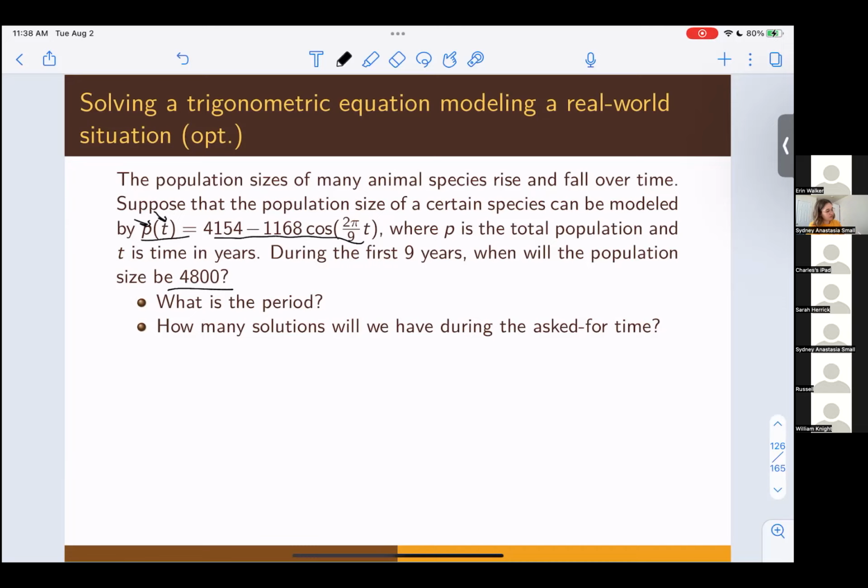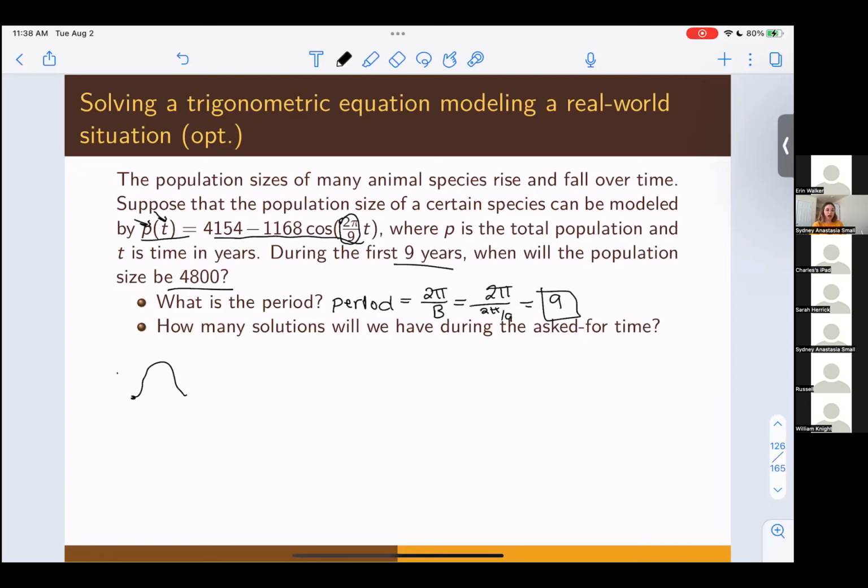So just to think about what is the period at first, we know that the equation for period, and this is just to help us think about what to do, is 2 pi over b. If you remember, b is this little coefficient right here on the equation. So it's 2 pi over 2 pi ninths, which is just 9. So it nicely works out that we have a period of 9 years, which means the population does its complete rise and fall in 9 years, which, cool, makes sense.